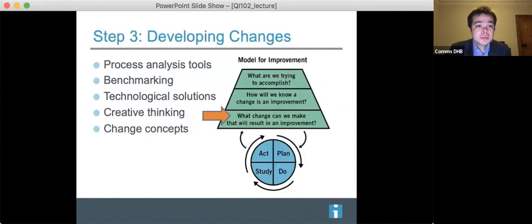So the third thing in this model for change is that you need to develop your ideas for change. There are many great tools out there to help you do this as a group. There's a big long list of different types of changes that you can use. There are also more fun ways to do it.